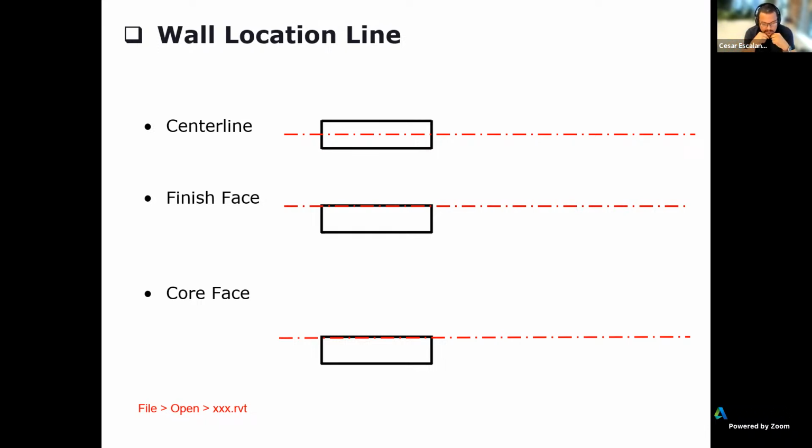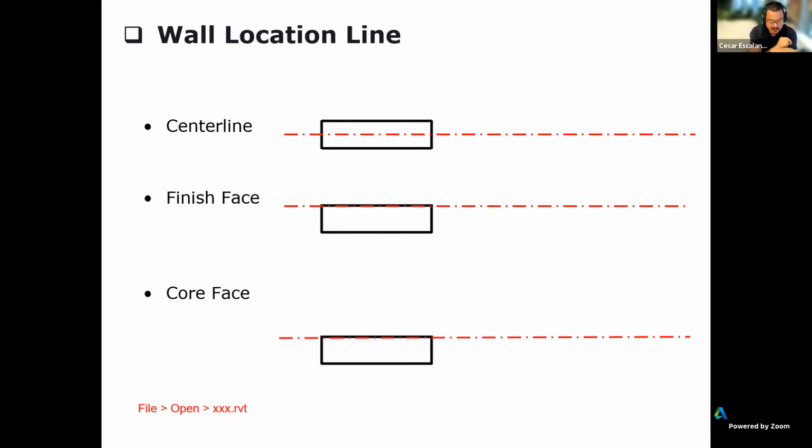You can build partitions using the finish face. It could be the interior or the exterior. Or you can use the core. The core is the structural layers. And it could be a structural core interior or a structural core exterior. And the location line that you choose defines how the walls will connect.